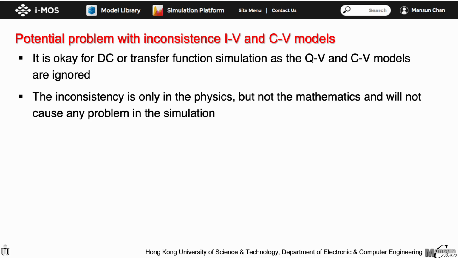In transient simulation, the IV model and QV model are calculated separately to generate entries into the Jacobian matrix. It will not cause any simulation issues, but just the beauty of the physics may be sacrificed. That is, the model may be considered to be more empirical in nature. In some sense, you may also say that the physical accuracy of the model is compromised.